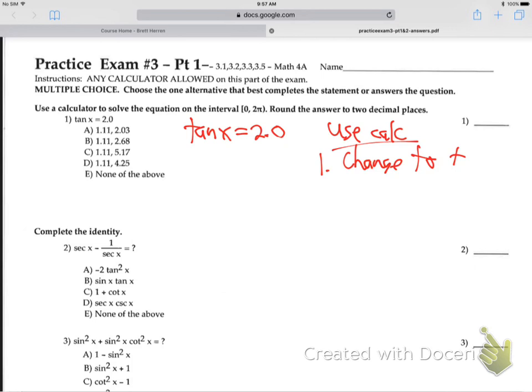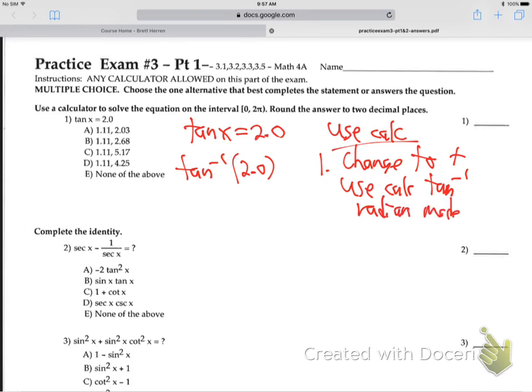All right, so it's already positive. Then you just hit the inverse tangent button on your calculator, inverse tangent of 2.0. Make sure you're in radian mode. You've got to make sure your calculator's in radian mode or nothing good's going to happen.